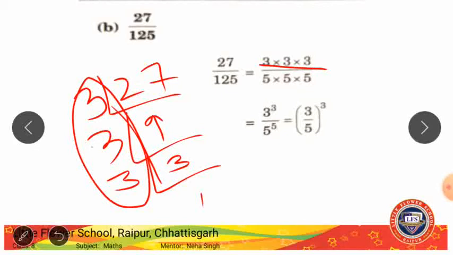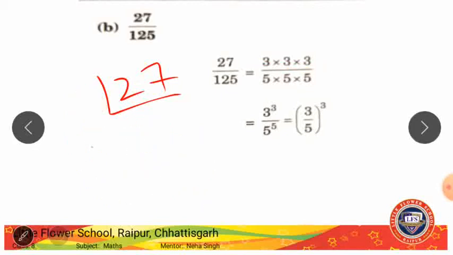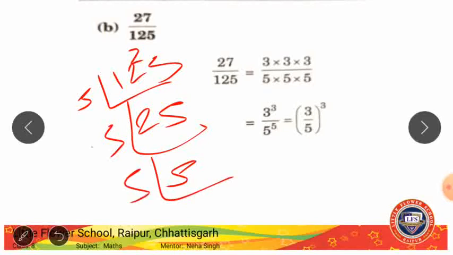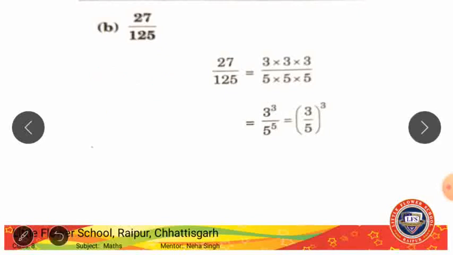Similarly, we'll take out the factors for 125: 5 2s are 10, 5 5s are 25, 5 5s are 25, 5 1s are 5, again 3 5s. Since it is multiplied 3 times, the power will be 3, so we can write this number as 3 by 5 whole cube.